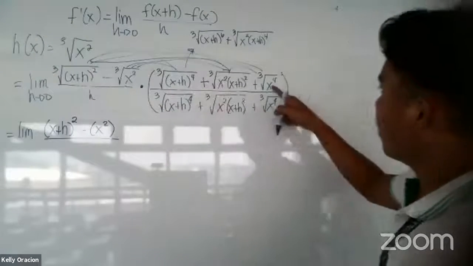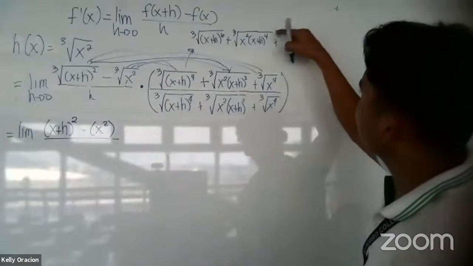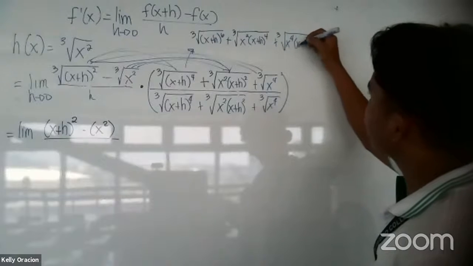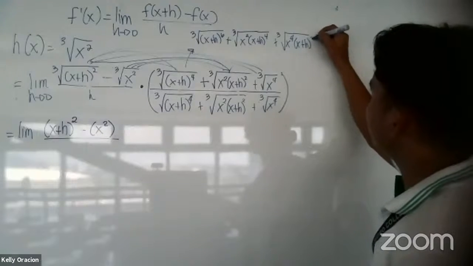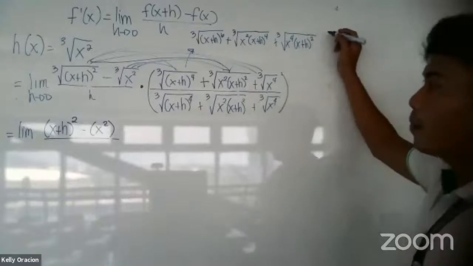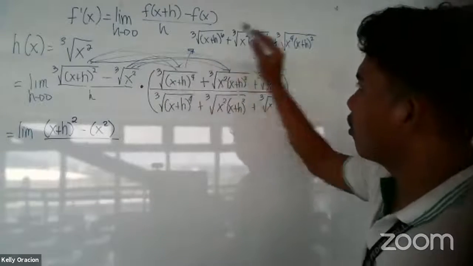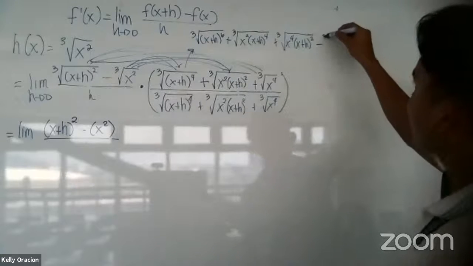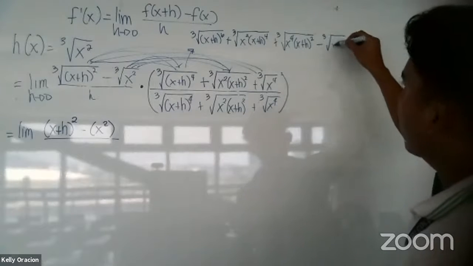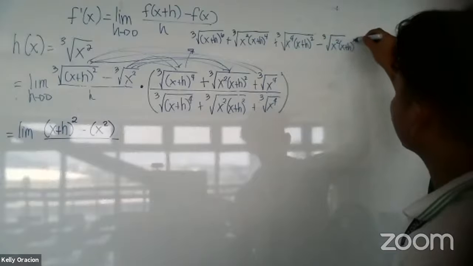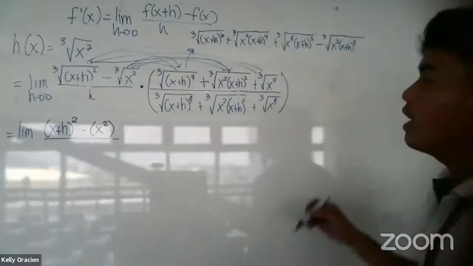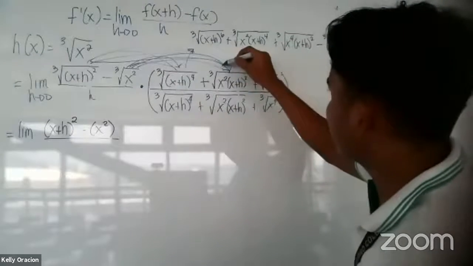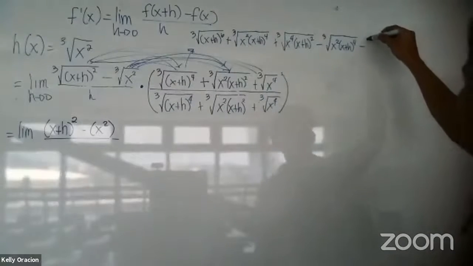Then multiply this, the answer is cube root of x raised to 4 times x plus h squared. Multiplying this one here, the answer is minus cube root of x squared times x plus h raised to 4.